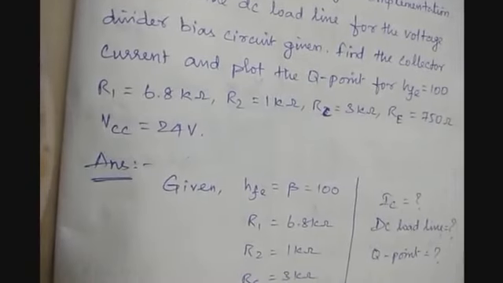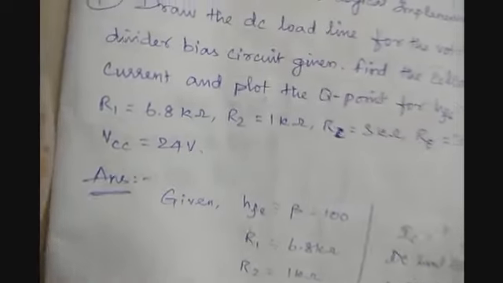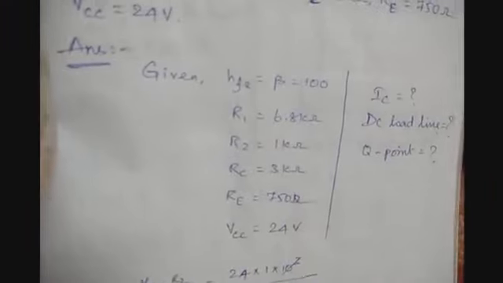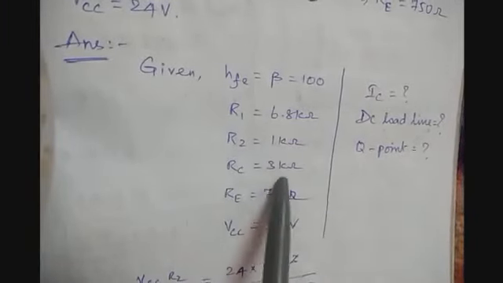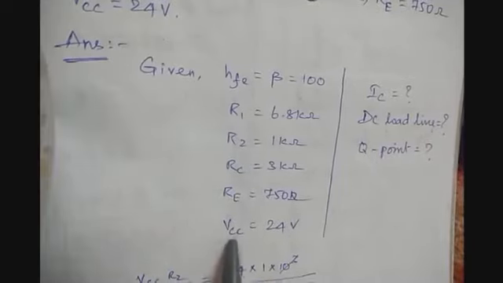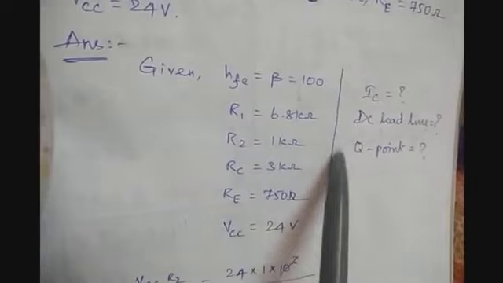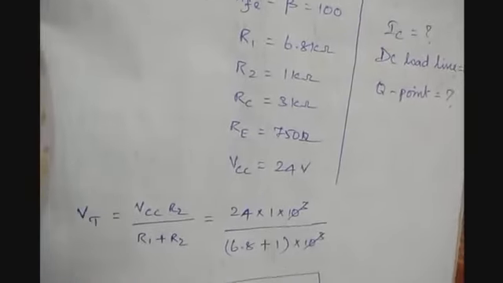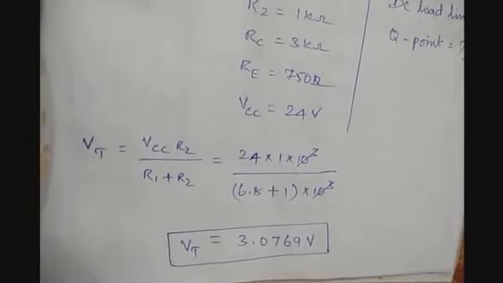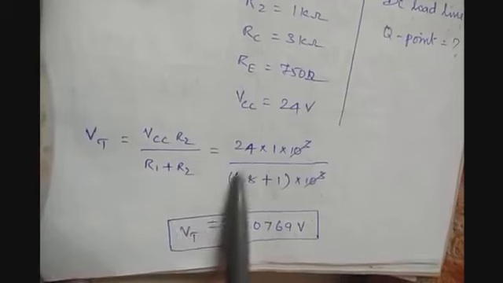The values given are hFE equal to 100, R1 equal to 6.8K, R2 is 1K, RC is 3K, RE is 750, and VCC is what we just assumed. These are the values we need to calculate. First, the VT value, because it is exact analysis based: VT equals VCC times R2 by R1 plus R2.